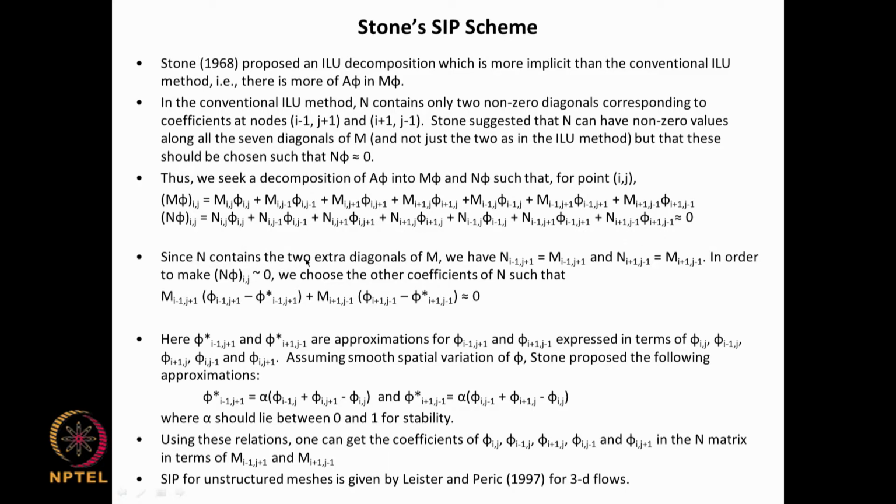Since n contains the 2 extra diagonals of m, we have n at i minus 1, j plus 1 as m at i minus 1, j plus 1. Okay. So, in order to make n phi equal to 0, we choose the other coefficients of n such that m i minus 1, j plus 1 times phi at i minus 1, j plus 1 minus an estimated value of this, plus m i plus 1, j minus 1 times phi at i plus 1, j minus 1 minus phi star at i plus 1, j minus 1 is roughly equal to 0.